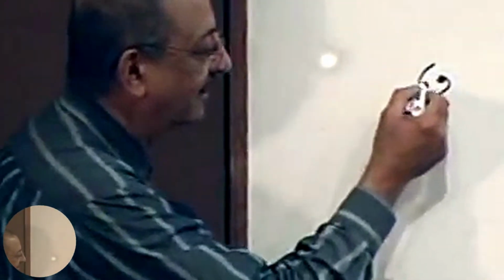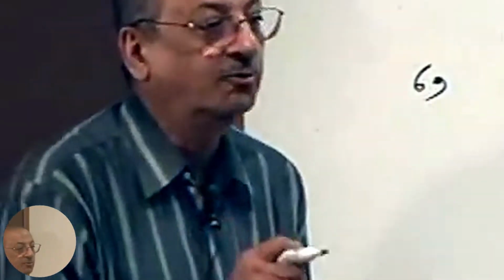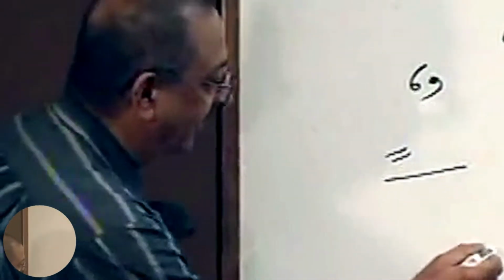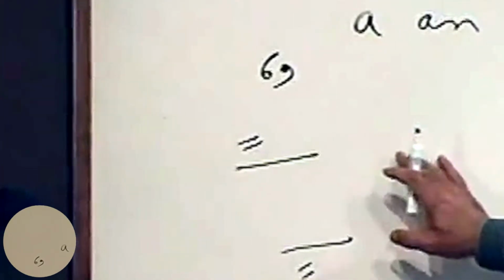If the noun ends with a dhamma, then we put two dhammas. If the noun ends with a fatha, then we'll put two fathas. If the noun ends with a kasra, we put two kasras.